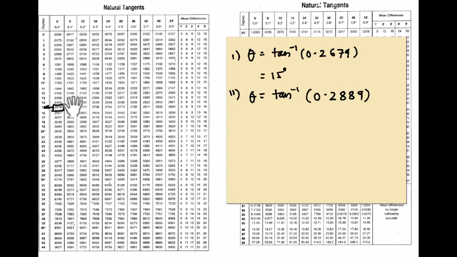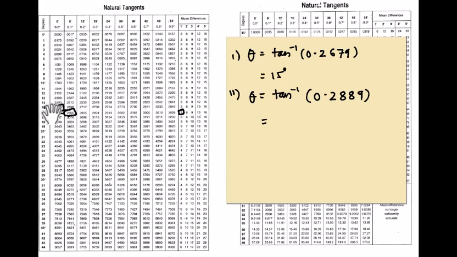So when I look at the tables here, I find a number which is 2886, which is very close to 2889, and I can add 3 to it in the same row. I can add 3 to it, and it is going to become 2889.